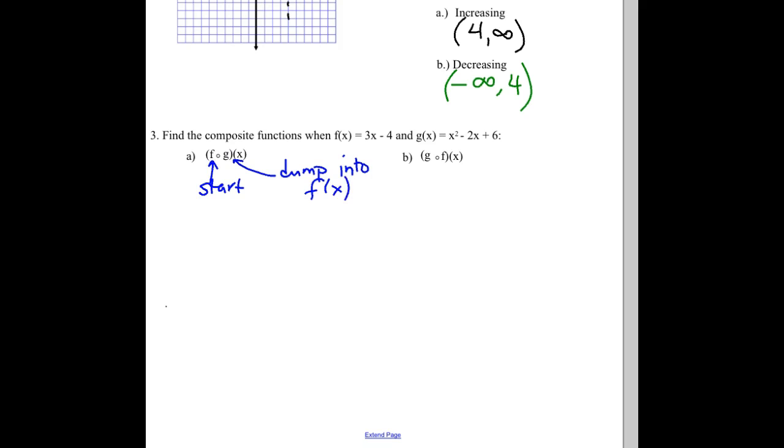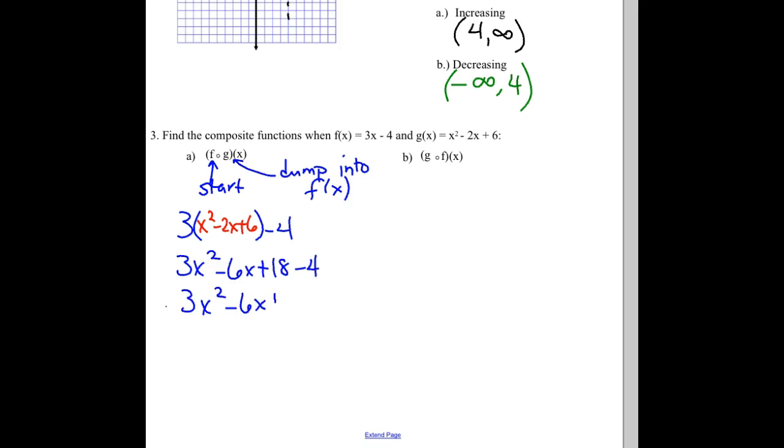All right, so we're going to start with f of x, which is 3 times something minus 4. And then we are going to dump in our g function, which was x squared minus 2x plus 6. And then it's just a matter of simplifying. So distributing, we would have 3x squared minus 6x plus 18 minus that other 4 gives us a function of 3x squared minus 6x plus 14.